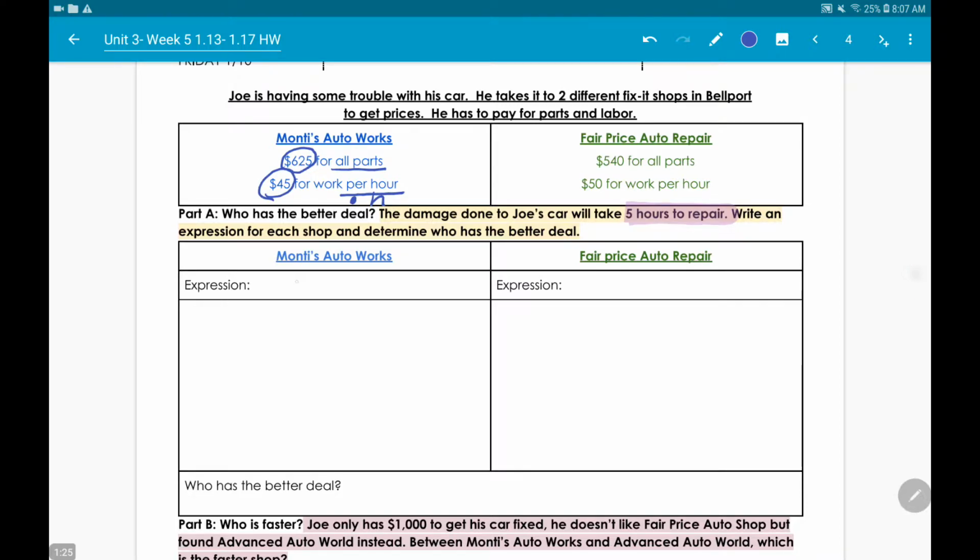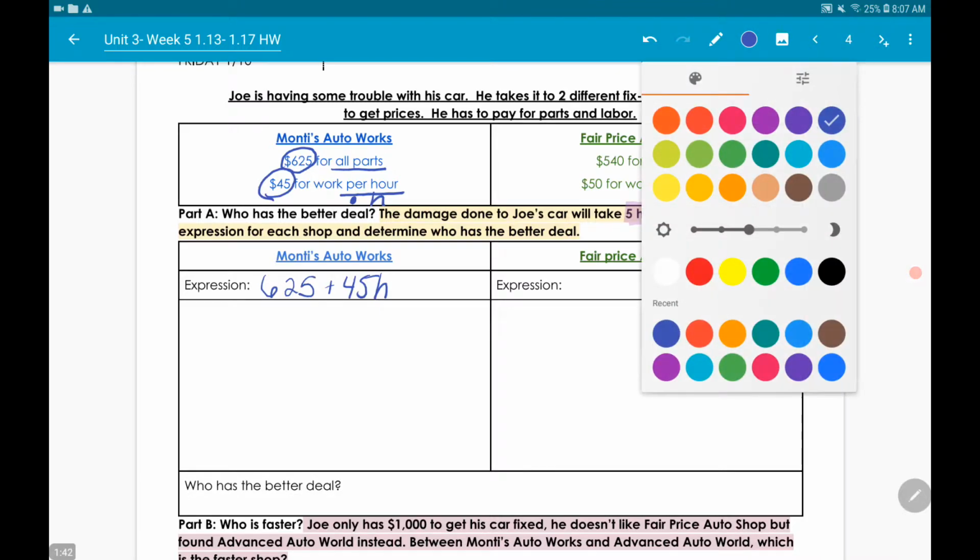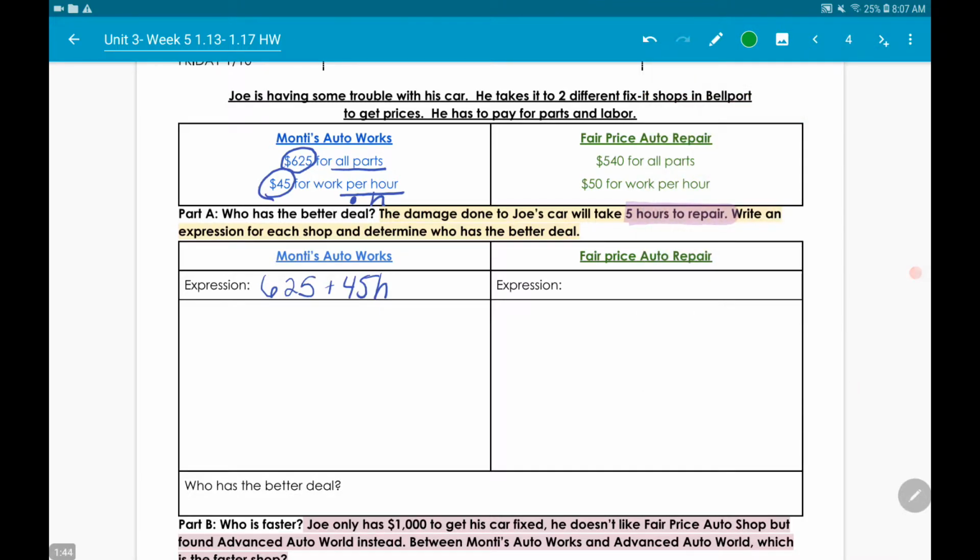So if we look at Monty's Auto Works, our expression would be $6.25 plus 45H, and there's no equal sign because it doesn't tell us that he has a total or anything like that. And let's do the same thing for Fair Price Auto Works. I have $5.40 for all parts and then $50 per hour.